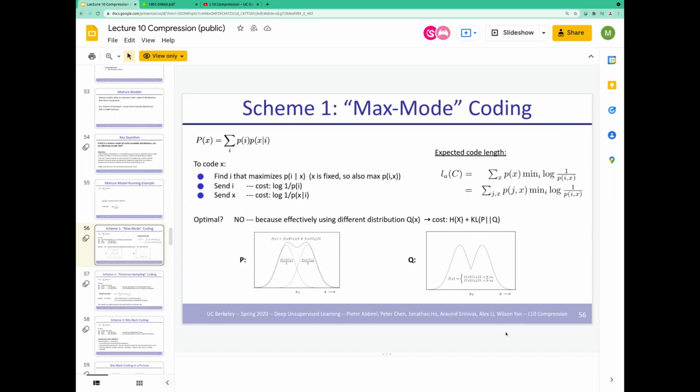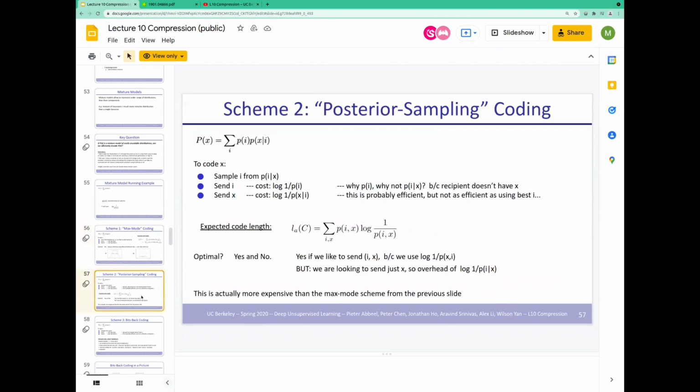So this is not optimal, but that's one way of doing it: we send i, saying which distribution we're using, to the decoder, and then we send x, the value of x, depending on the distribution. Okay, so this is max mode coding.